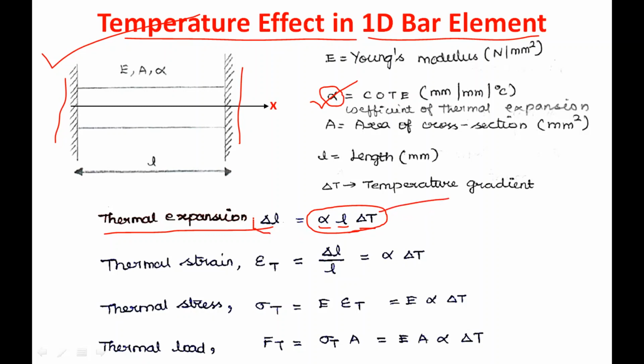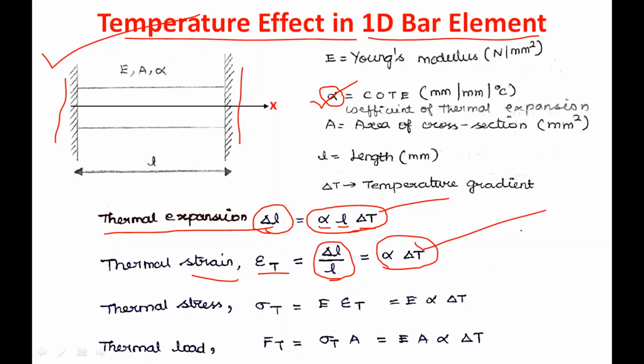Once you know this thermal expansion del L, then we can easily find the thermal strain. By definition, thermal strain epsilon T is equal to del L by L, which is equal to alpha into del T. So alpha into del T is the indication of the thermal strain for any material.